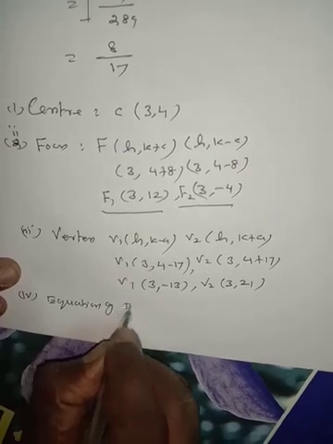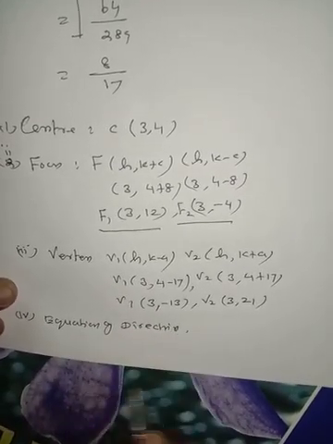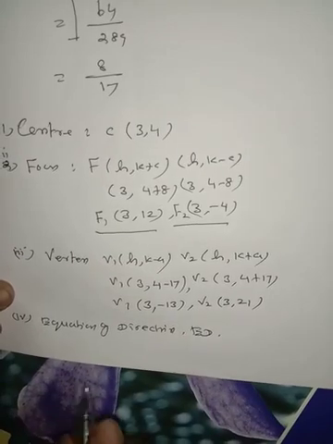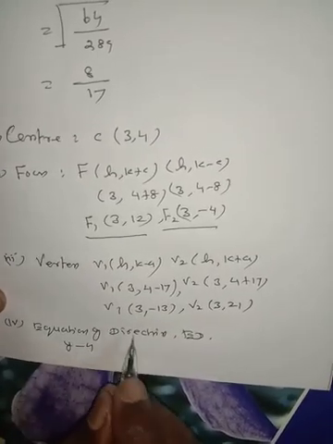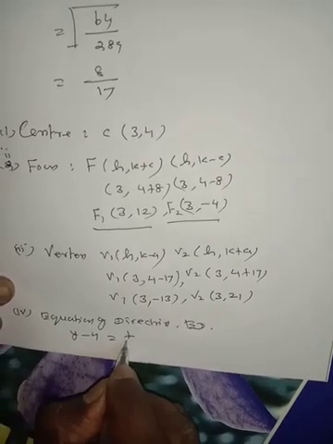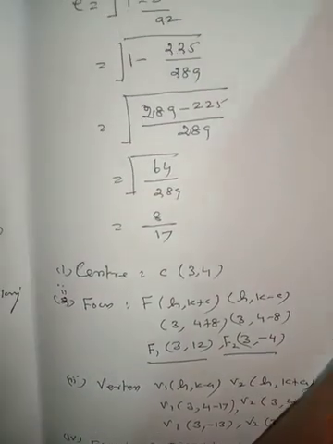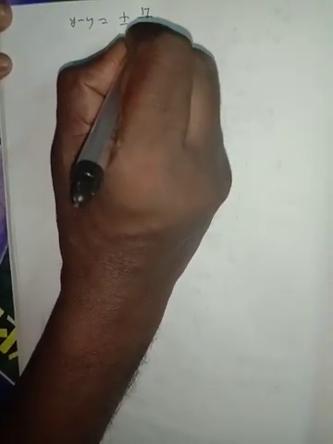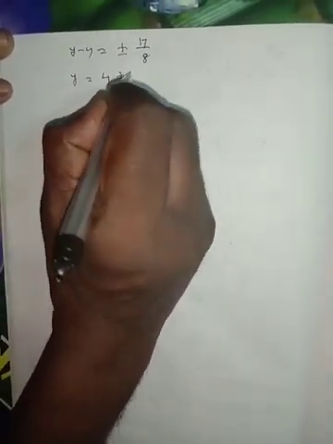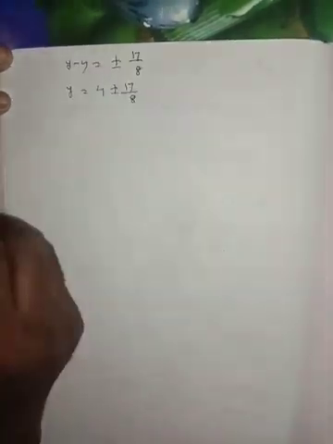Next, the equation of the directrix. The equation of the directrix: y minus 4 is equal to plus or minus a by e. So y minus 4 is equal to plus or minus 17 by 8. Y is equal to 4 plus or minus 17 by 8.